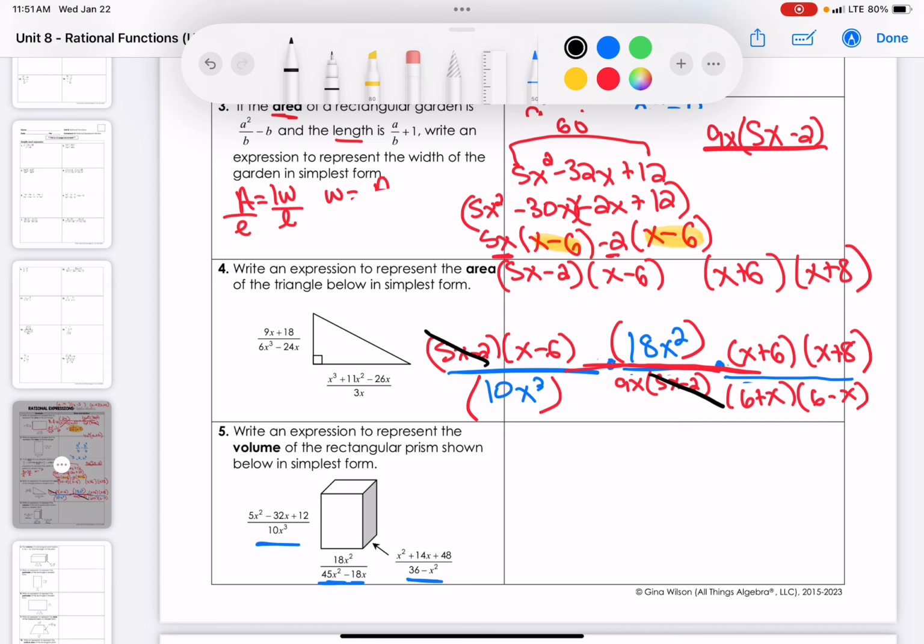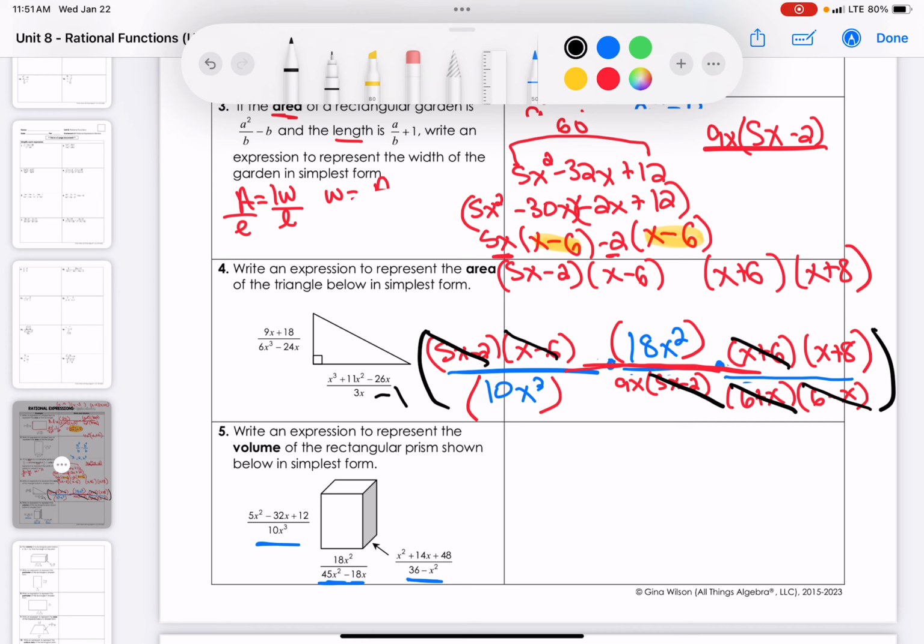All right, so I have this x, I got the x plus 6 and the 6 plus x. So I have the x minus 6 and the 6 minus x. But when we have that case, that actually makes this entire thing negative. It changes the sign.